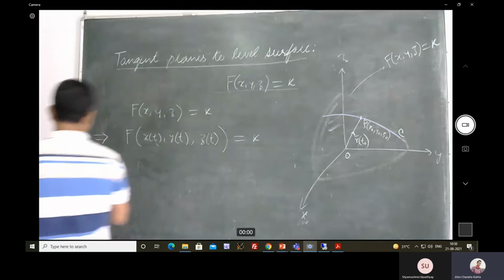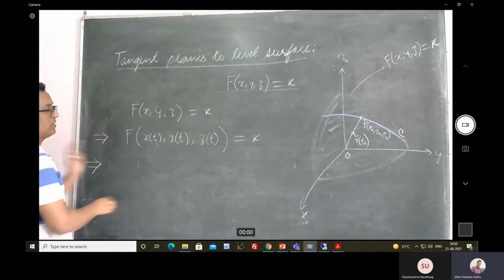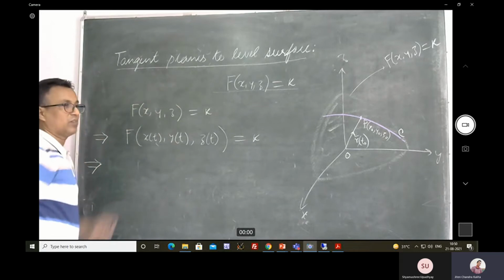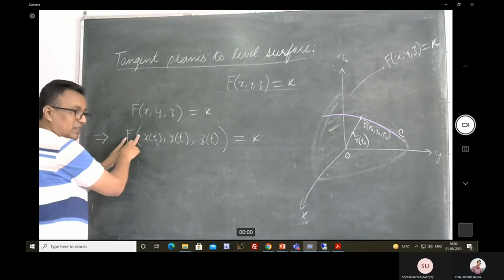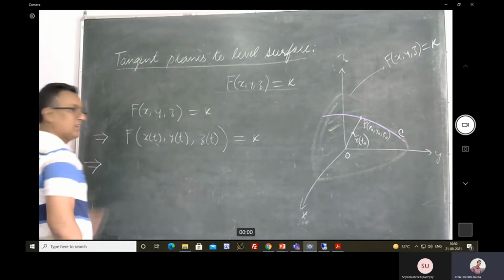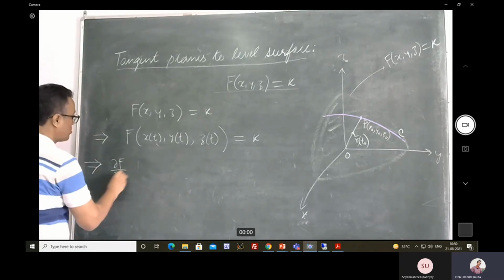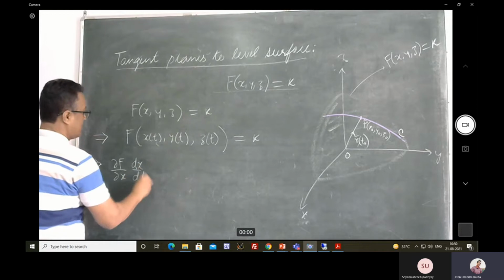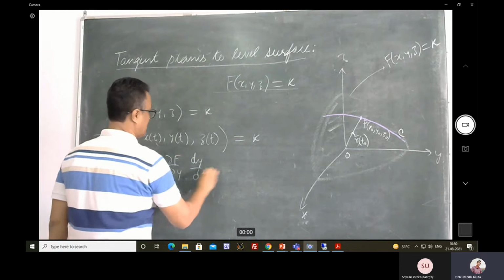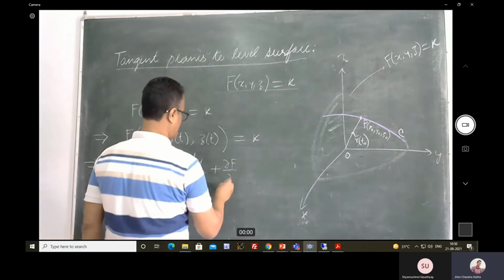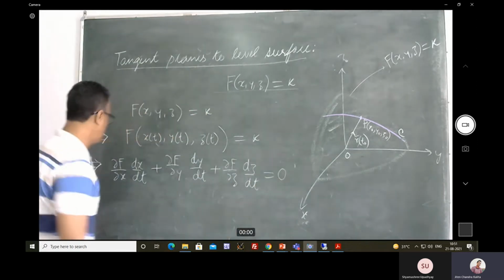Okay, so now f becomes a function of this parameter t along the curve C. If we want to find the ordinary derivative of f with respect to t, then I can use the chain rule. It is going to be like this, and this is equal to 0, right?